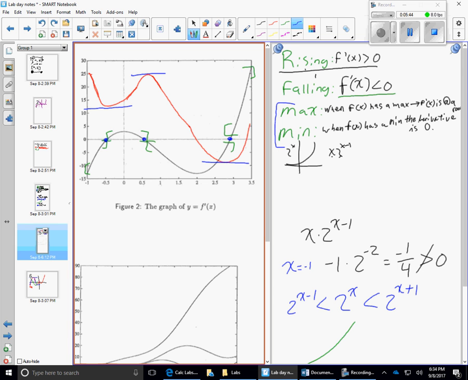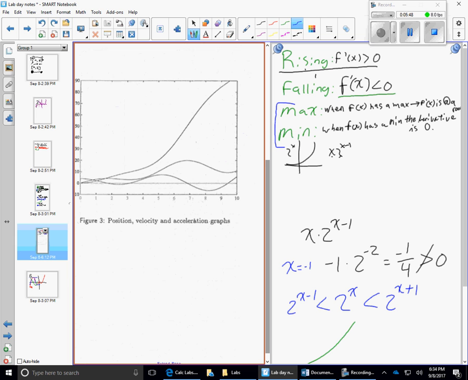And then finally, let's talk about this last position, acceleration, velocity one. I don't know if you guys remember or learned this in the summer calc course, but let's call position S of t. Well, the rate of change of the position is the velocity at which the position is going. But the rate of change of the position is also just called the derivative of the position, the slope of the position.